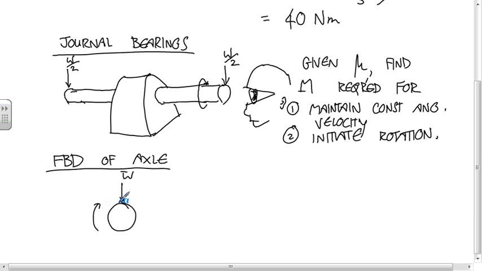If it's going this way, the effect is that the point of contact moves. You can think of it sort of as this axle trying to climb the wall due to the friction. That's not really what's happening, but that's the effect that you have. And so you get a force from the bearing that looks like this.